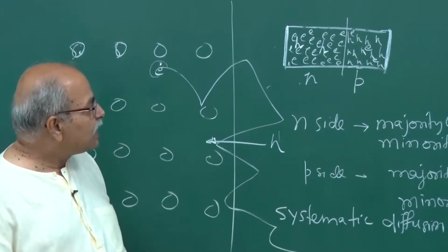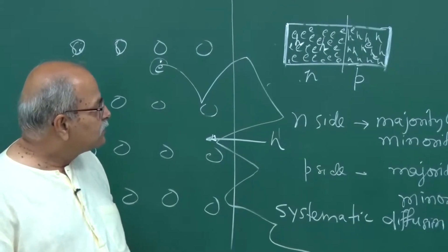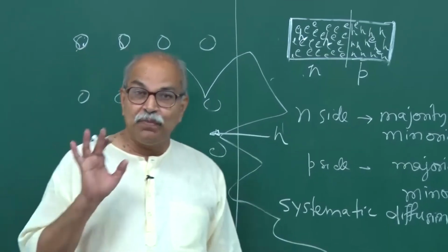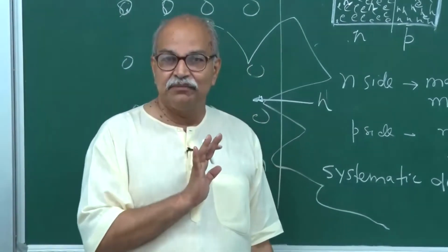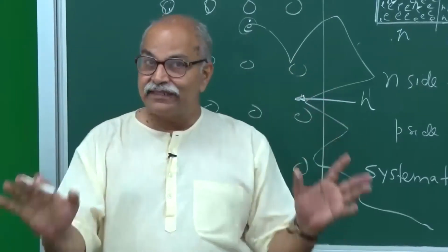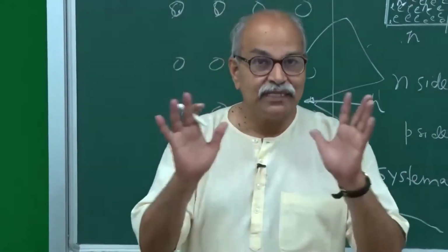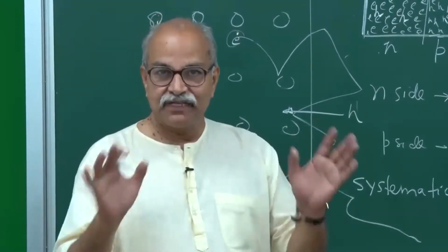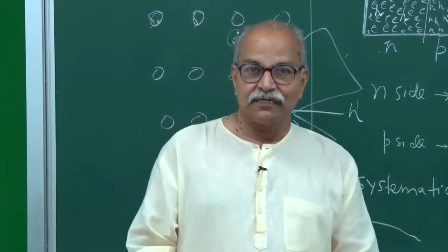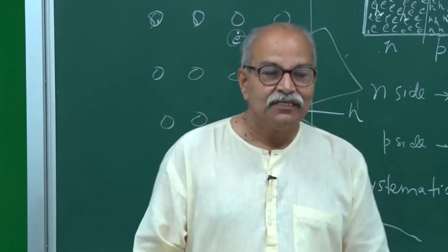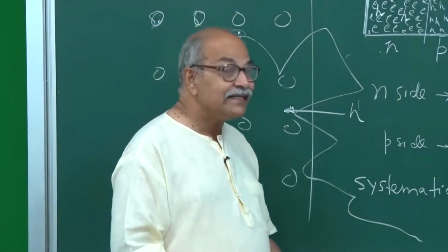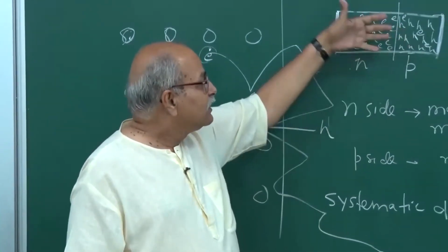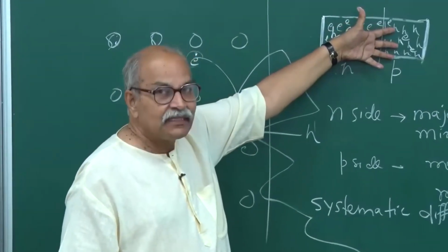Hence you will have a charge density appearing. Remember, when you dope N type or P type impurities, the charge density does not change, it remains 0 in the entire thing, because whatever you dope is neutral. The wafer is neutral, the dopant atoms that you are doping are also neutral. So the entire charge density is 0, but now there is a systematic movement. Electrons going from left to right, what will they do?